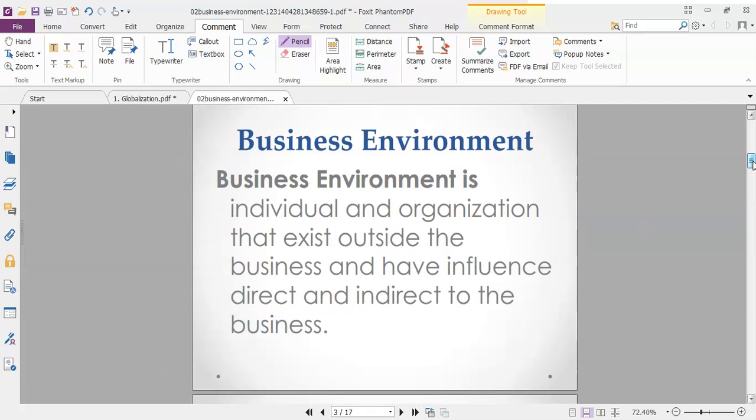Business environment includes the individuals, for example, the manager, the shareholders, and organizations that exist outside the business, and also financial institutions, that have a direct and indirect influence on the business.